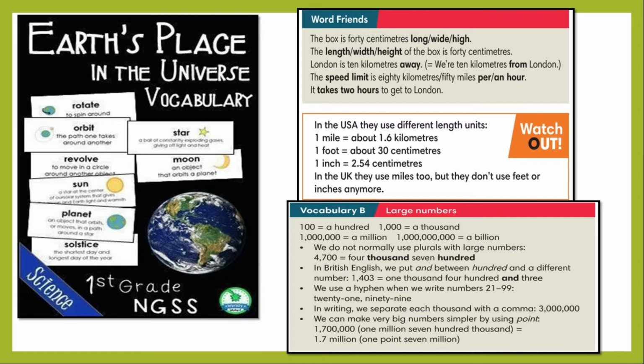Moon is an object that orbits a planet. As simple as that. What's the meaning of a star? A star is full of constantly expanding gases, giving off light and heat. So I need you to start giving me precise definitions.